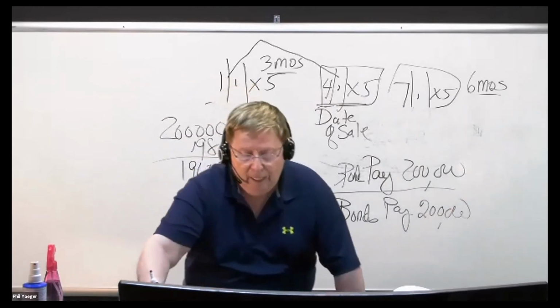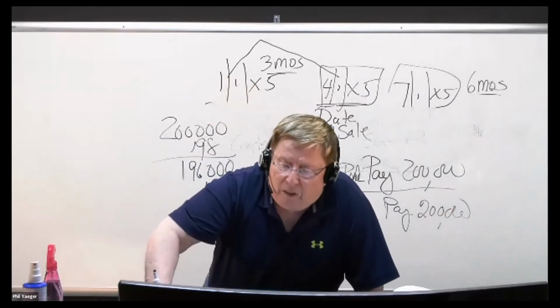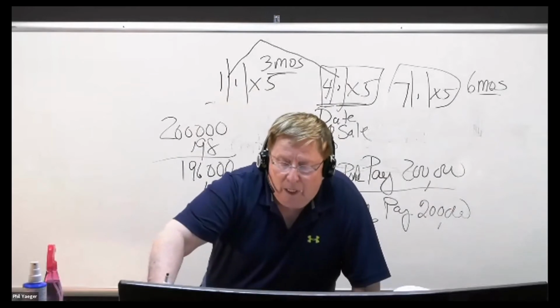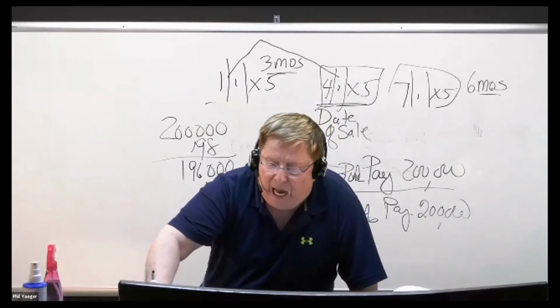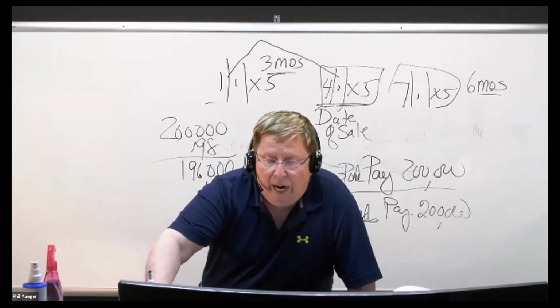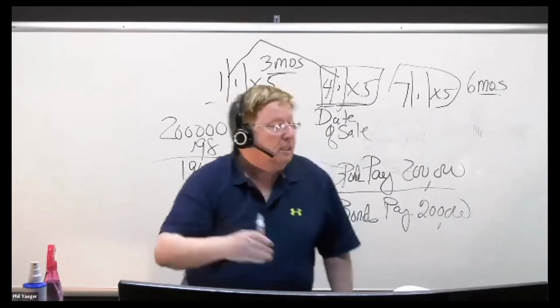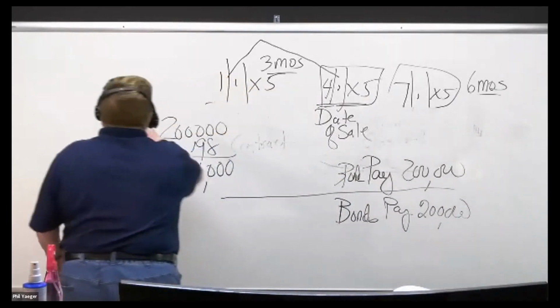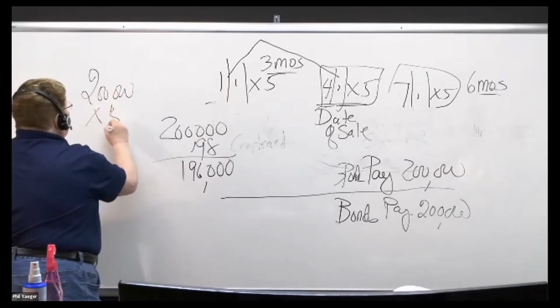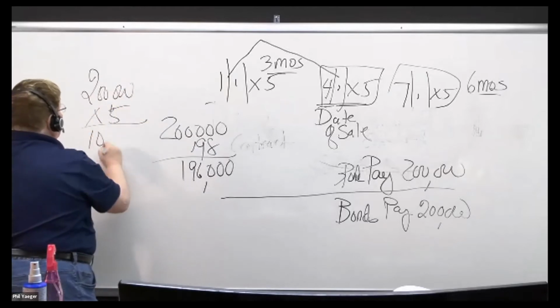They're entitled to 3 months of interest, but they're entitled to get back 3 of the 6 months, right? Now, what's the interest on the bonds? 200,000 times 5%, which is $10,000, correct?